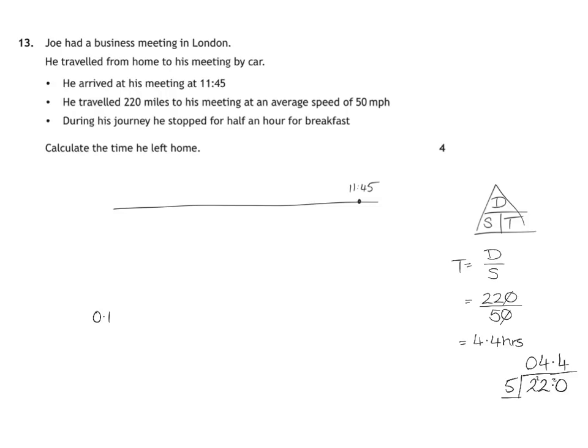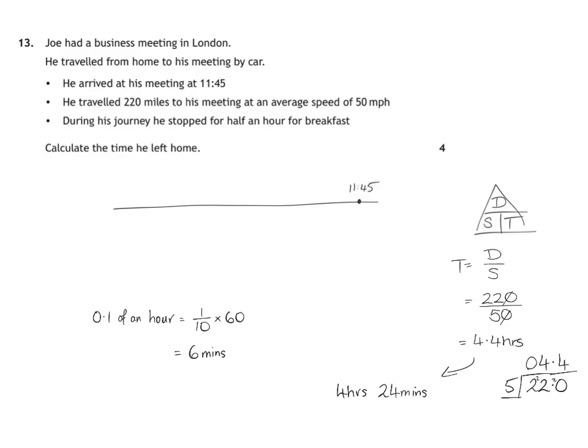So 0.1 of an hour is 1/10 of an hour. And an hour is 60 minutes. So 1/10 of 60 minutes is 6 minutes. So there we can see our 4.4 is going to be 4 hours and 24 minutes.